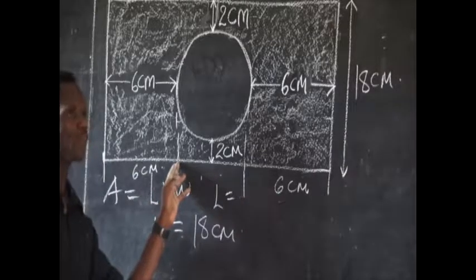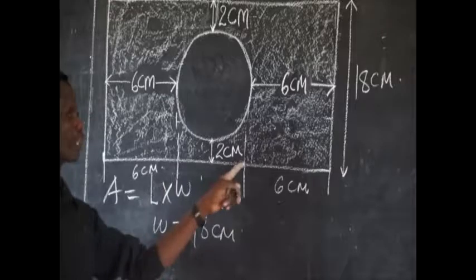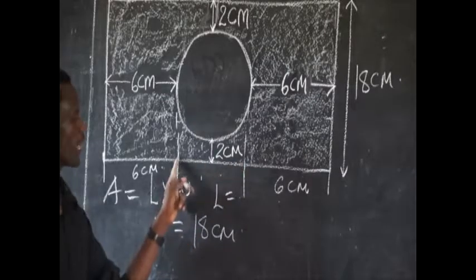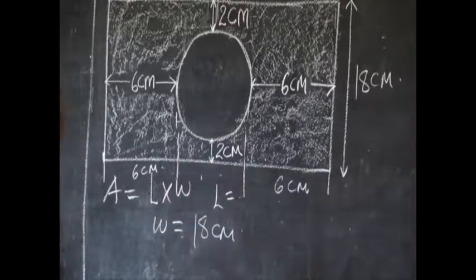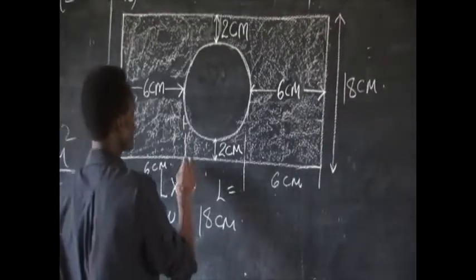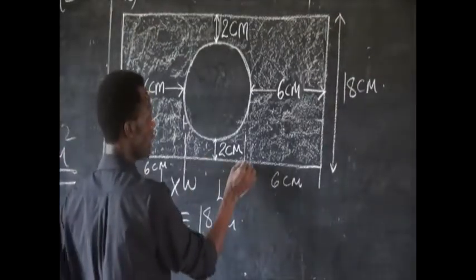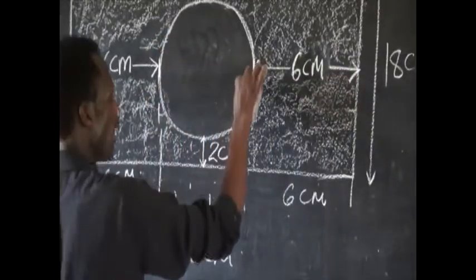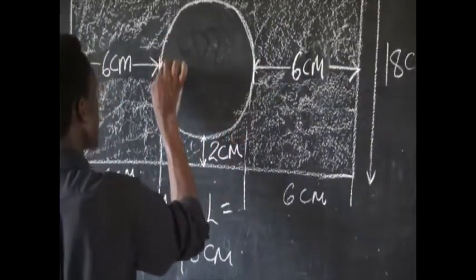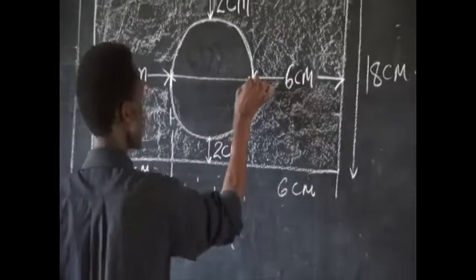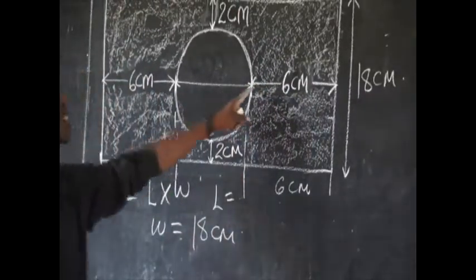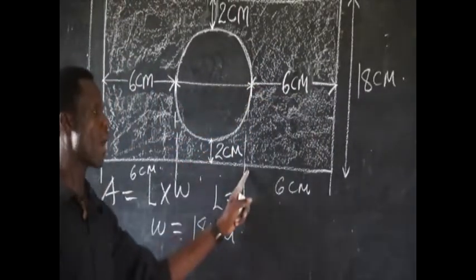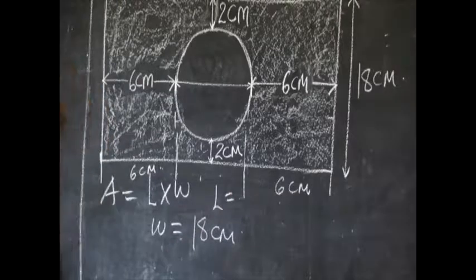Now what we are looking for is the distance from here up to here. There is no need of finding it here because it is so difficult. We just want to know from here up to here, that is the diameter. We have to know the diameter of the circle.